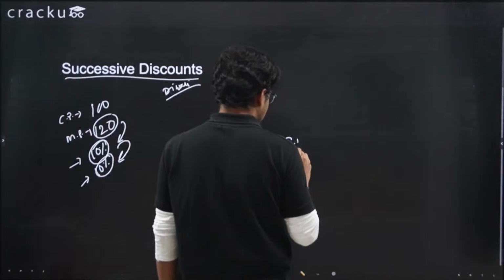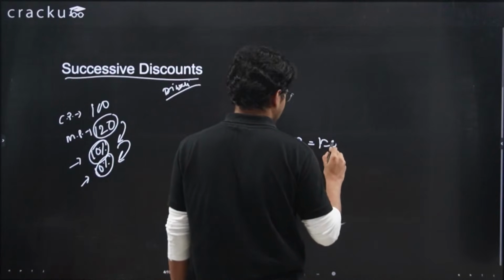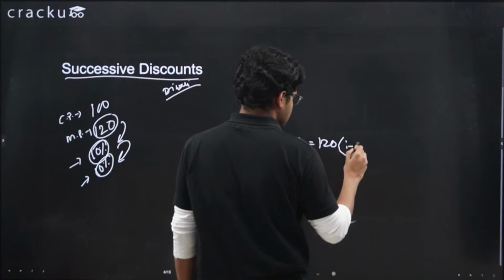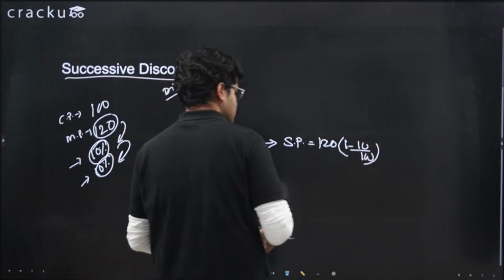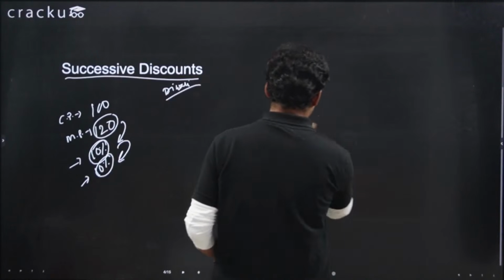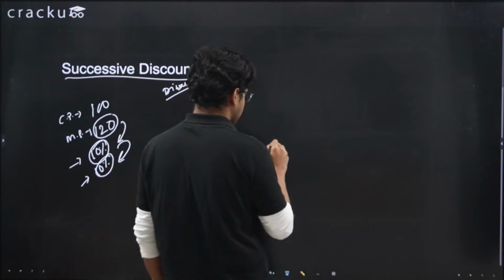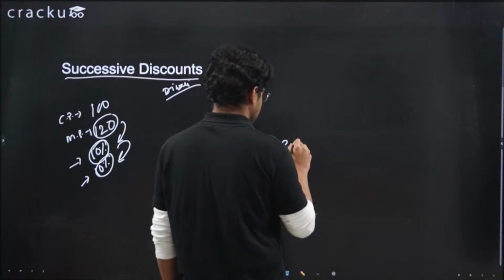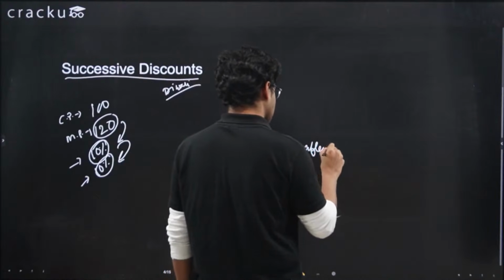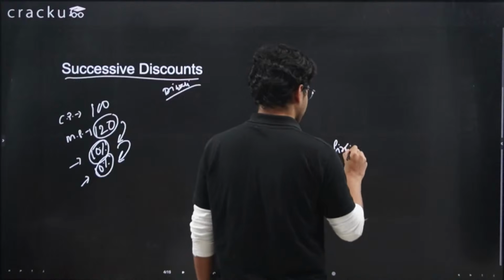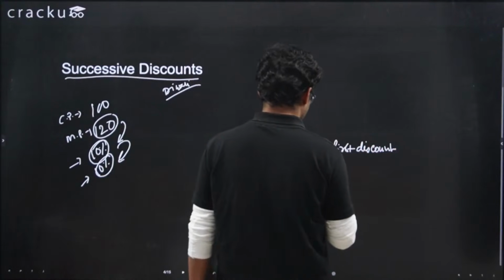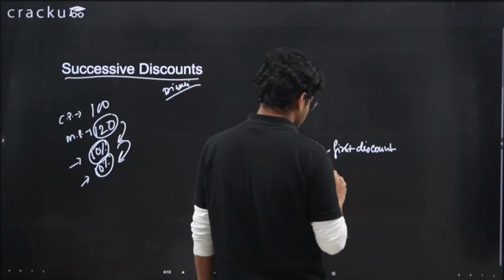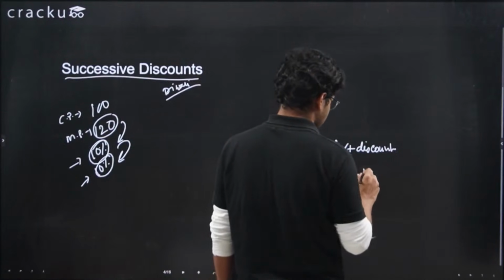So the selling price I will get as 120, this is the first discount. Let me write this as selling price after first discount. This is 120 into 1 minus 10 by 100.